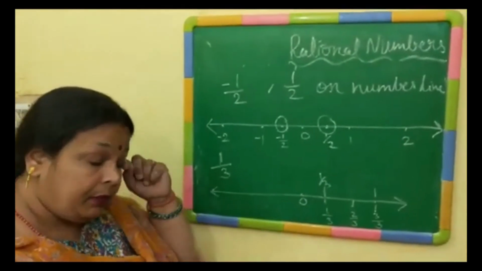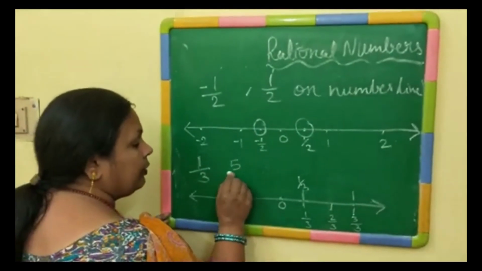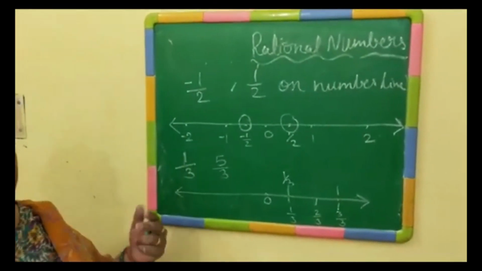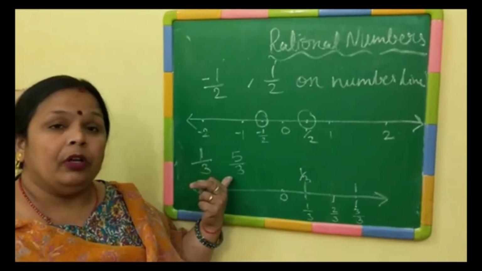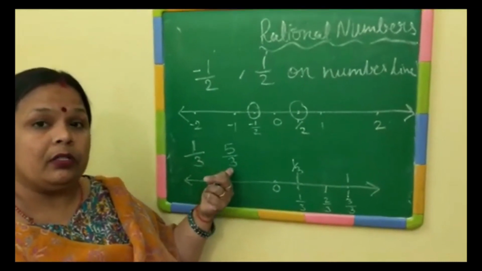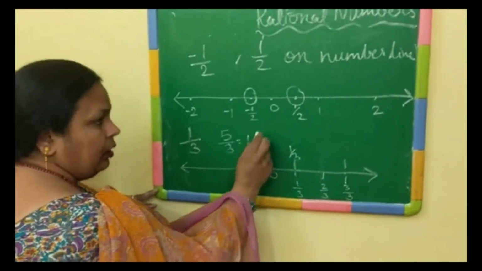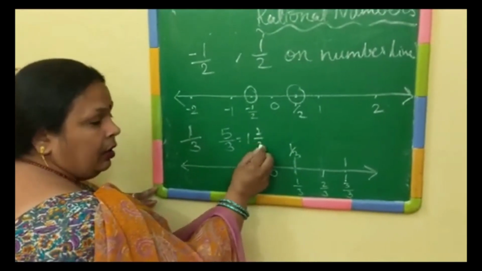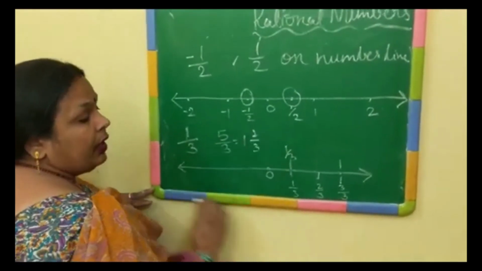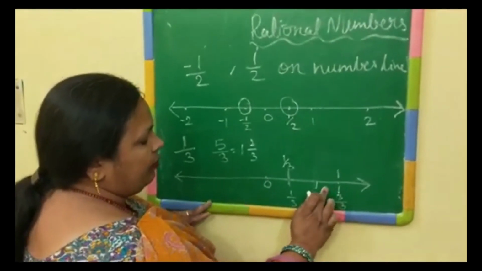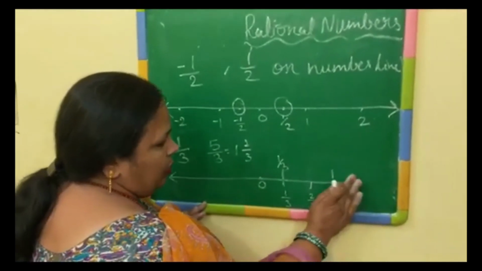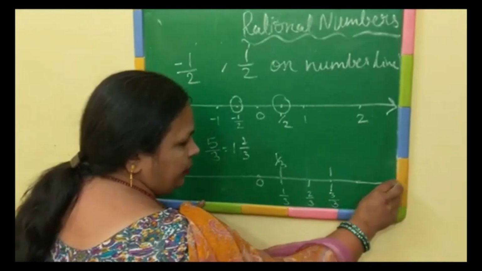Now what happens if it is 5 by 3? Recalling fractions, you know that 5 by 3 is nothing but 1 and 2 by 3, since 3 ones are 3, plus 2. That means this number will come somewhere more than 1. So extend this, let this be 2.